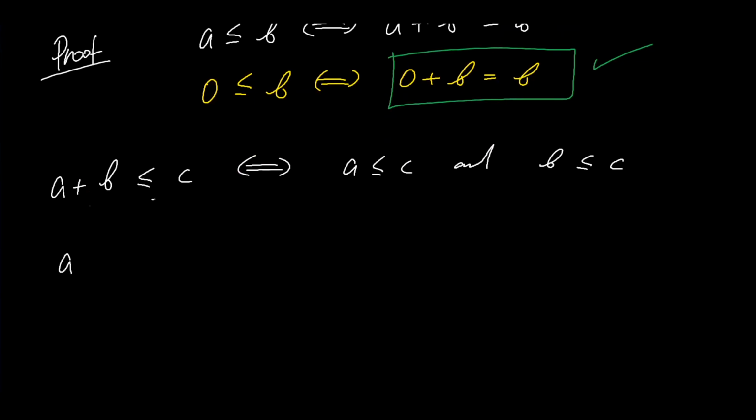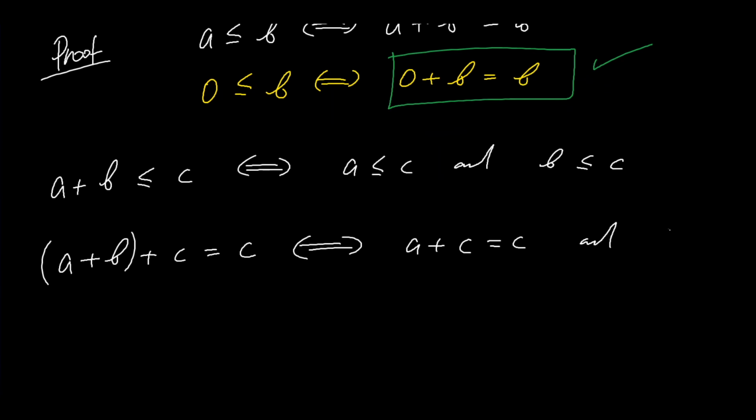So the left side here means that A plus B plus C equals C, right? And this must be equivalent to A plus C equaling C and B plus C equaling C, right?